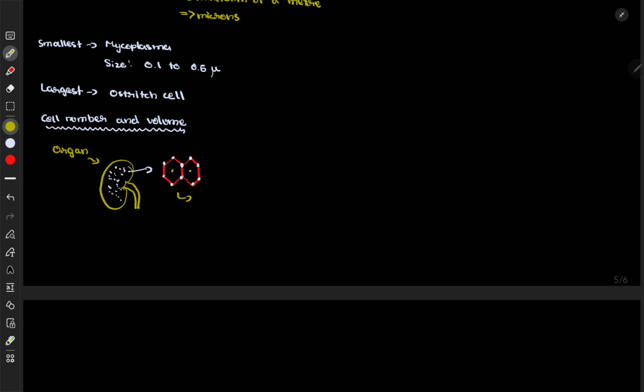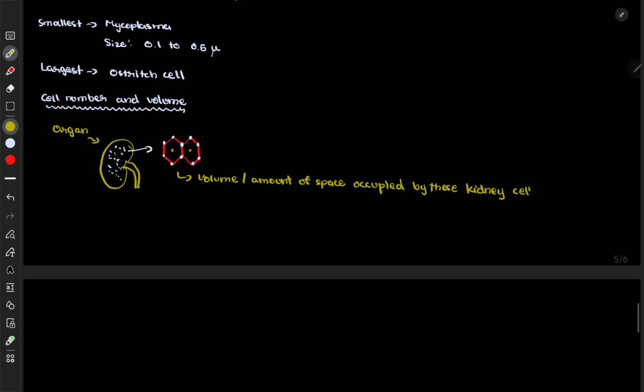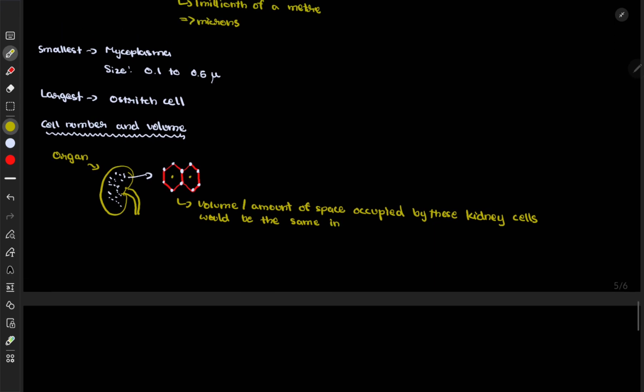Now, the volume, or the amount of space occupied by these kidney cells, would be the same in almost all organisms.